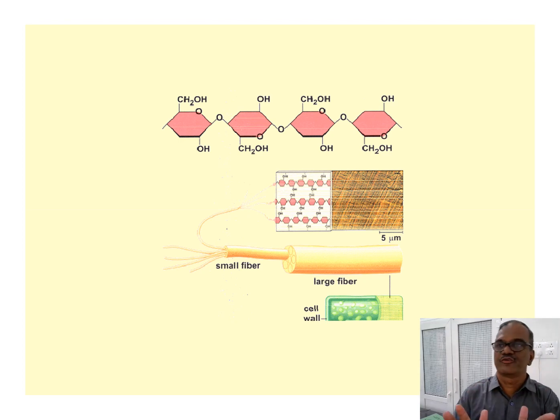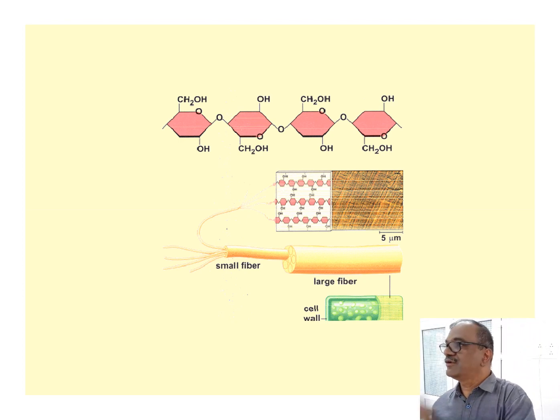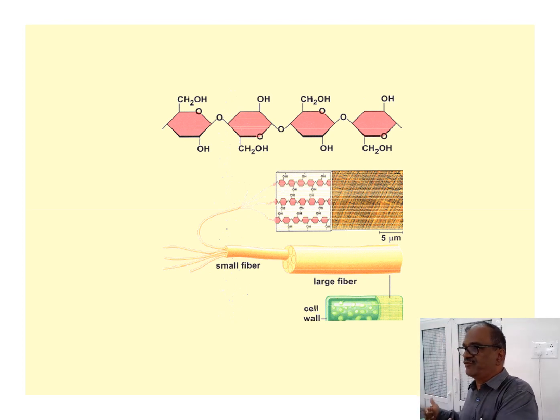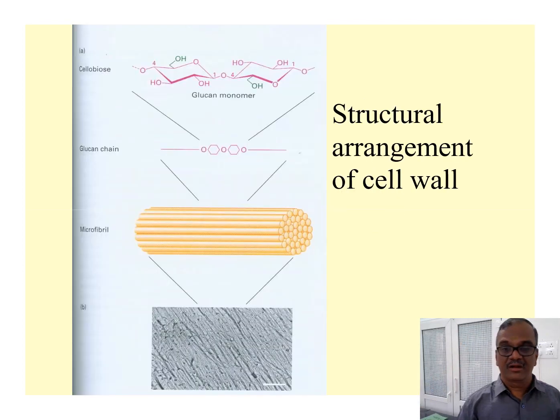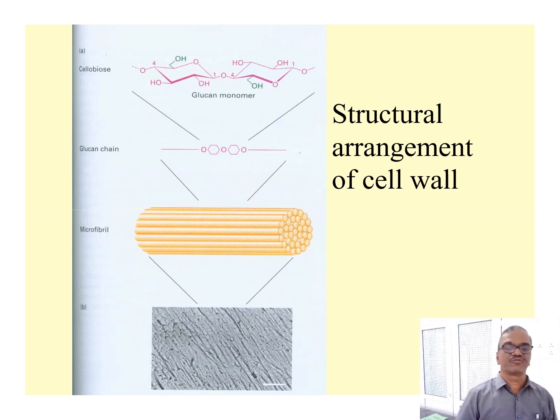This is about cellulose. Am I right? Okay, glucose residues, reverse orientation, 1,4 microfibril formation, 36 joined together, and then it forms the cellulose fiber. Okay, so this is the structural arrangement of the cell wall. Same thing: glucose monomer and the glucan chain, microfibril, and the total structure.